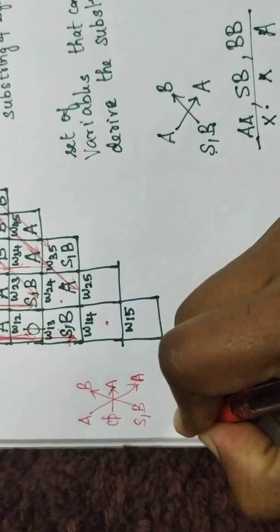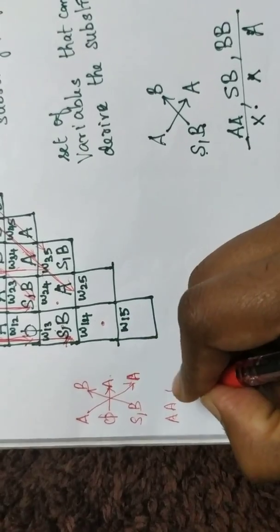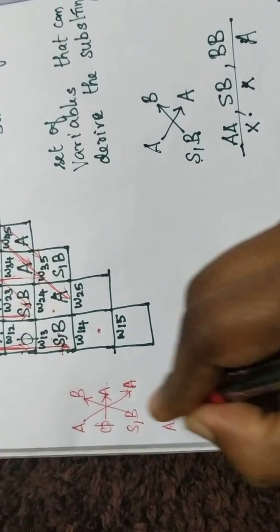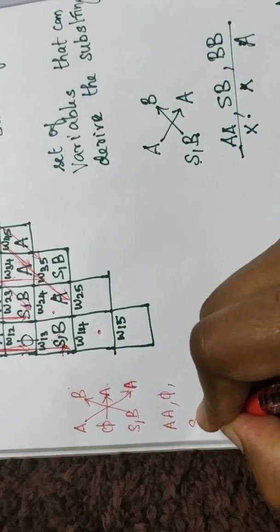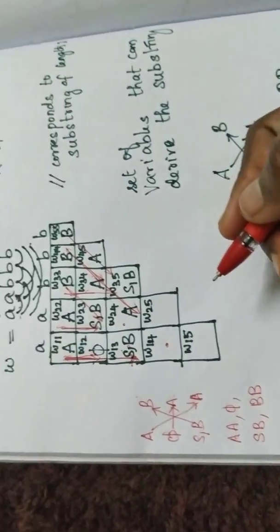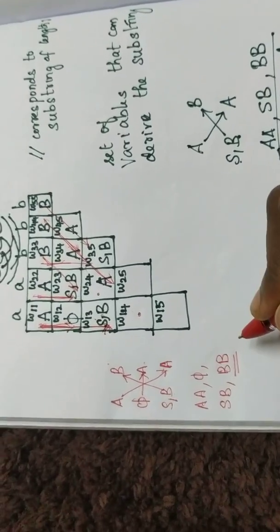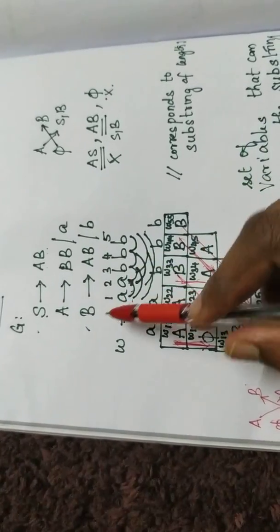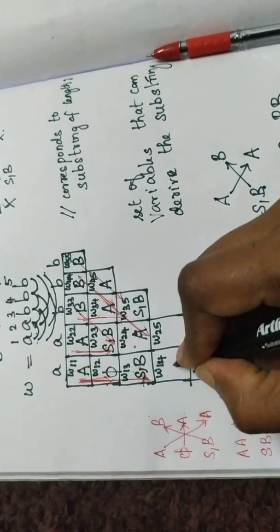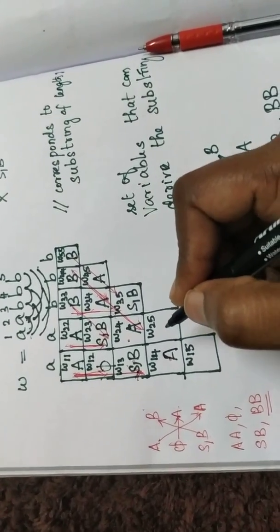We will get AA combinations, phi, it will give you only phi, and SB when combined with B, we can get SB as well as BB. From the grammar given, only BB is derived by the variable A. So this will get A as the set of variables.